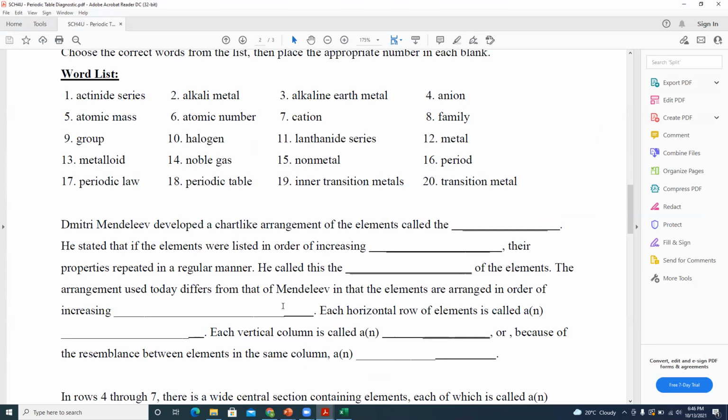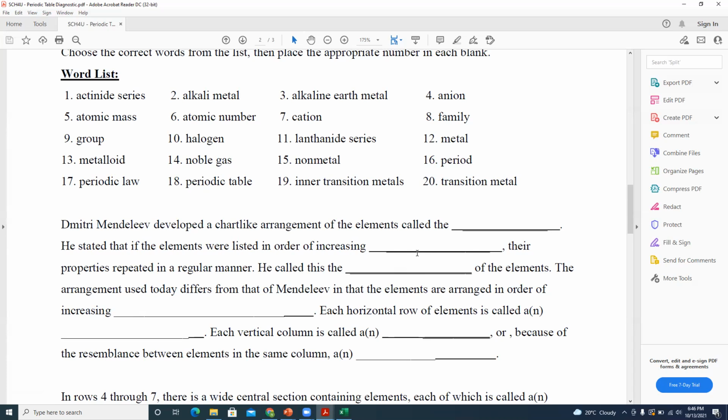Okay. So the arrangement used today differs from that of Mendeleev. Today they are arranged in the order of increasing atomic number. Originally he had them in the order of increasing atomic mass, but now they're arranged in the order of increasing atomic number.